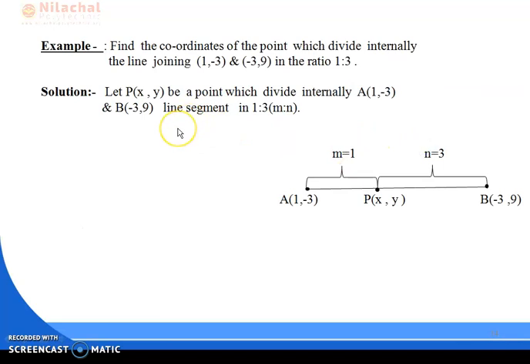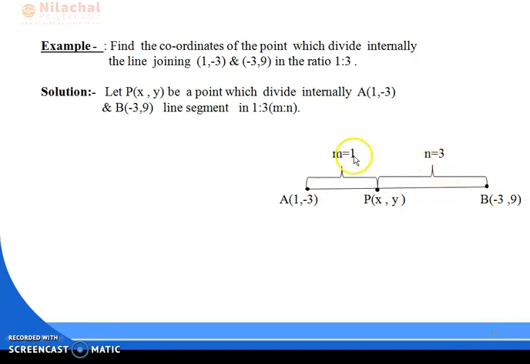So let's see an example. Find the coordinate of the point which divides internally the line joining (1, -3) and (-3, 9) in the ratio 1 is to 3. Let's see the figure. A point is (1, -3), B point is (-3, 9), and P is any random point which internally divides the line segment AB, with the ratio AP to PB equal to 1 is to 3.